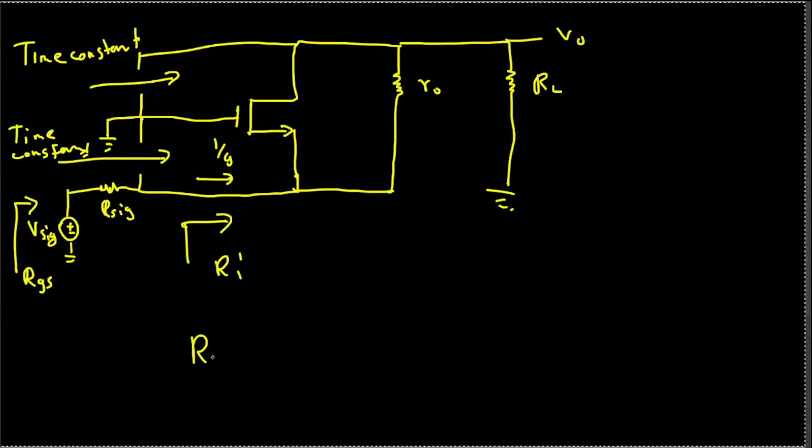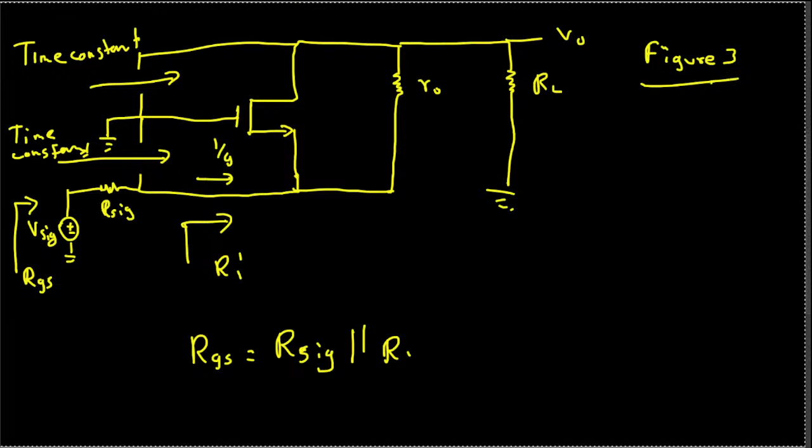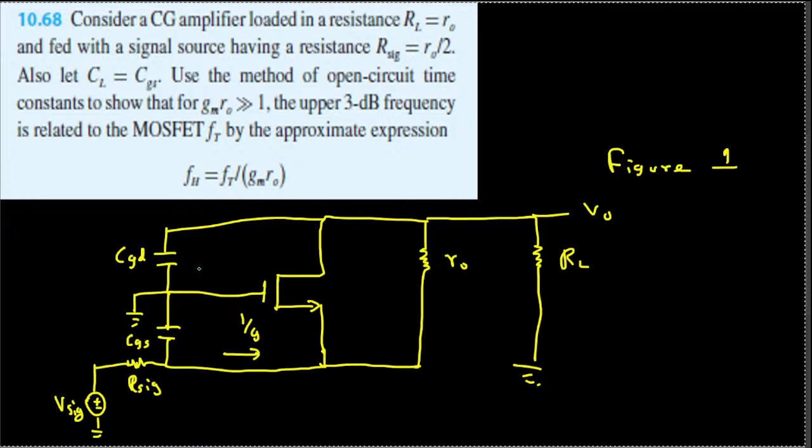RGS is nothing but Rsig, this resistance right here, in parallel with the input resistance Ri. So first we have to look at what Ri is. By looking at the figure, let's call this one figure 3. In figure 1 we had the same thing with capacitors on.